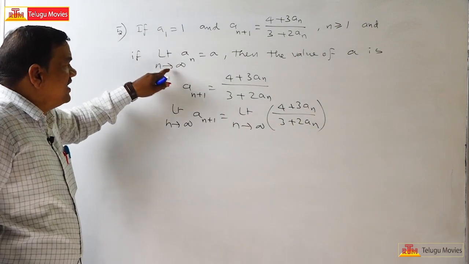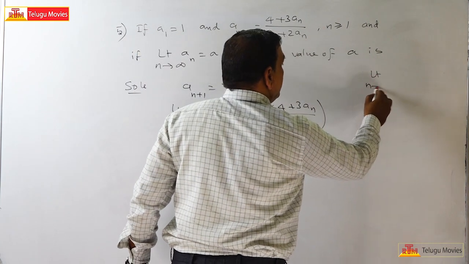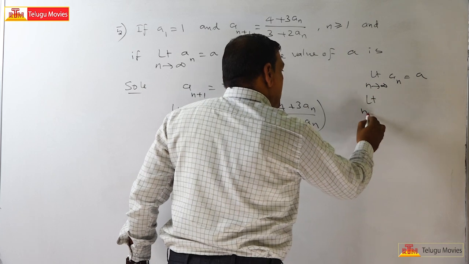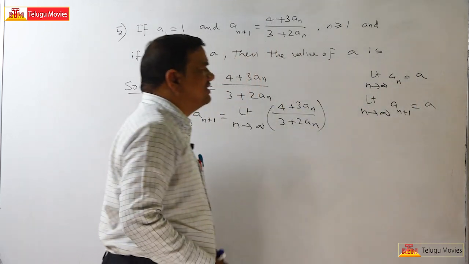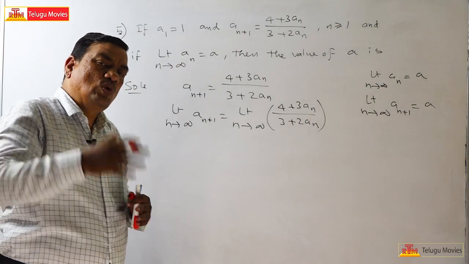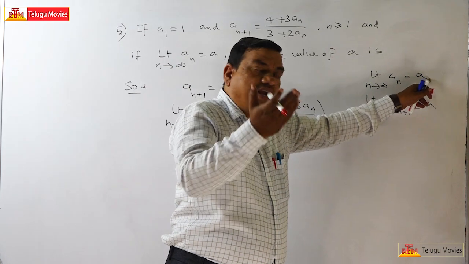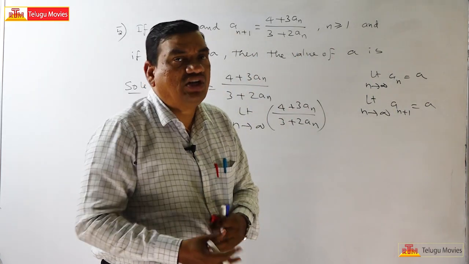See here, limit n tends to infinity, an is equal to a. Then limit n tends to infinity, a of n plus 1 is also a. As n value goes on increasing, the nth term is equal to a. Therefore, the n plus 1th term is also a.